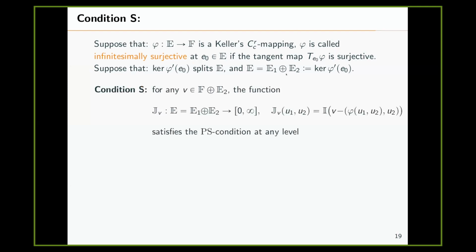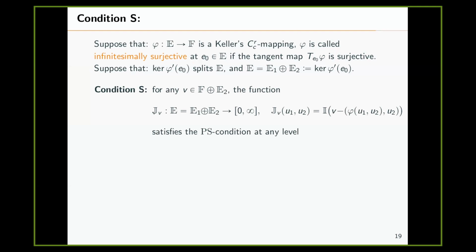Okay, now we will introduce a condition, condition S, that for any element of this extended space, as before, we associate two functions I and j. I is the function as before, which is zero, and its derivative is zero, only at the origin.